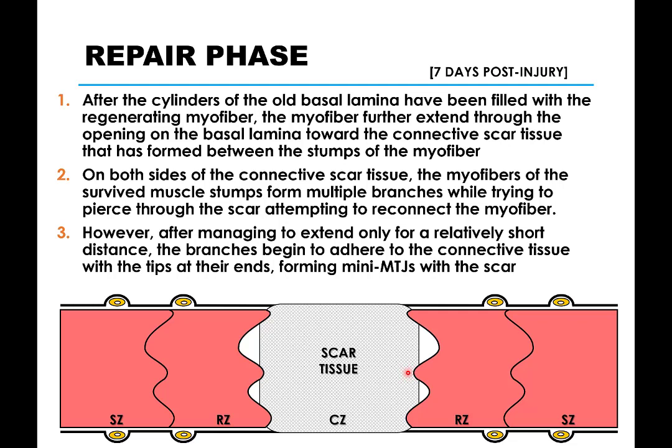At this point, the fiber ends form a connection with the scar tissue through adhesion complexes, which again are those transmembrane proteins called costameres. In other words, new mini MTJs are formed between the two fiber stumps and the scar tissue in the middle. At this point, the fiber stumps will not interlace and the scar tissue will remain as a permanent structure within this MTU.